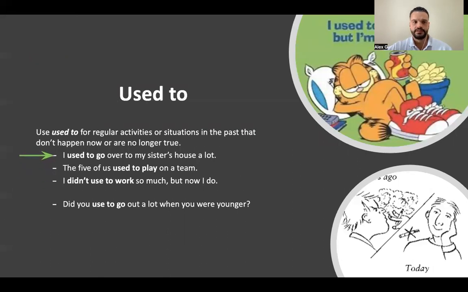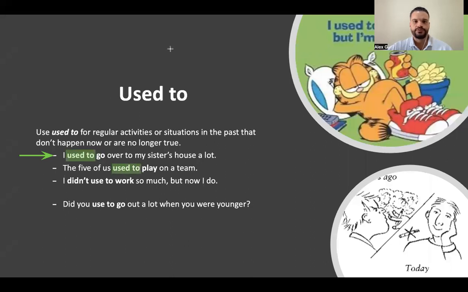So as you can see, it's going to be used to plus the base form of the verb. Remember, this has to be a habit or something that was a habit in the past and no longer is true in the present.